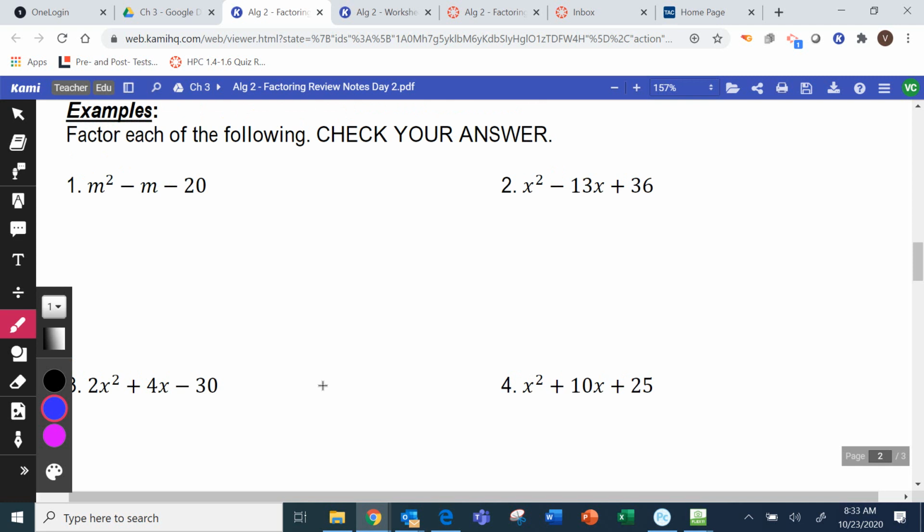Okay, how about number 1? This time for real, there is an answer. Let's see if you can get number 1.